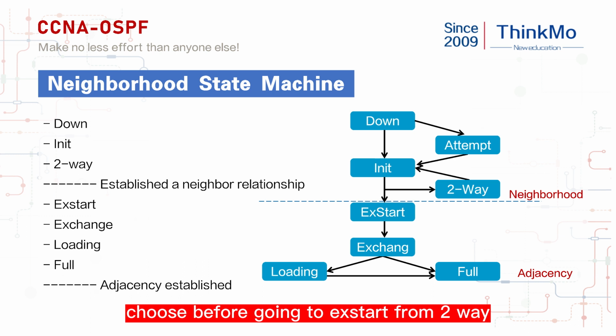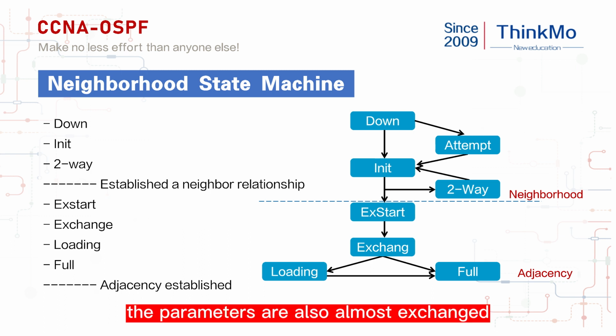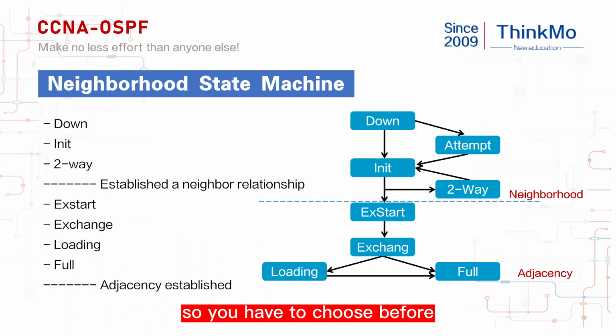Because the neighbor relationship has just been established at this position, they know each other and the parameters are also almost exchanged. Database synchronization has not started yet. Because once synchronization starts, everyone starts syncing, so you have to choose before.